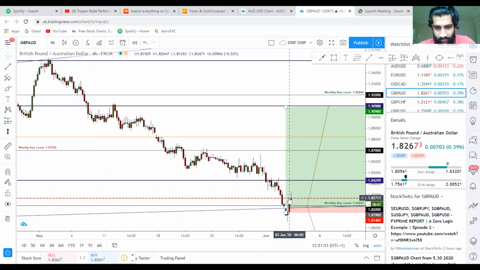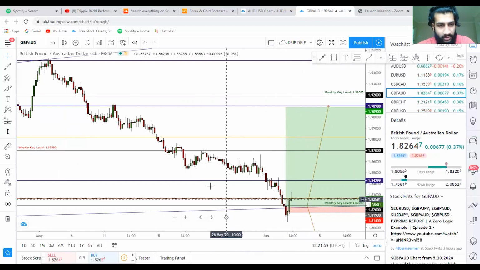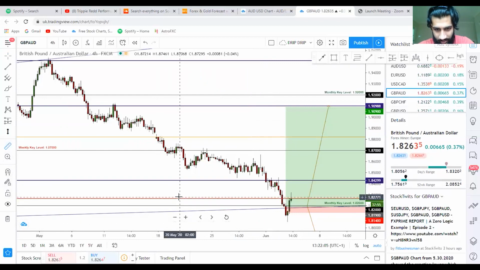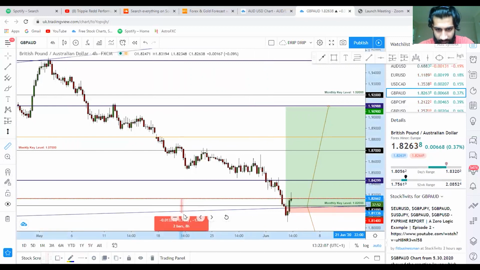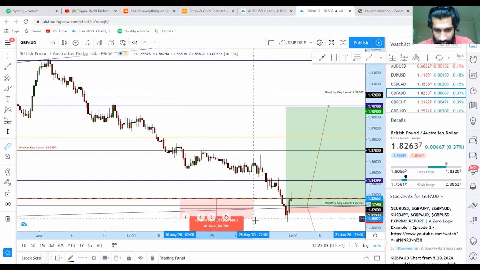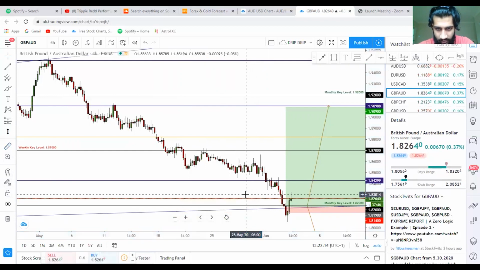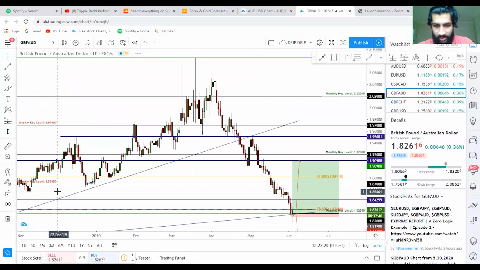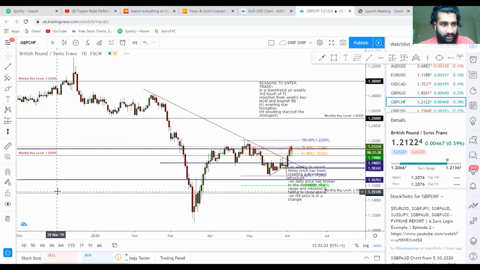Place an entry pretty much where the market is right now, just above the high of this candle, with a stop loss below over here. I think that stop loss turns out to be like 200 odd pips. Yeah, that is quite wide. I usually never enter it that wide, but considering the way this pair has been moving, it'll probably be the right thing to do. Let's carry on.